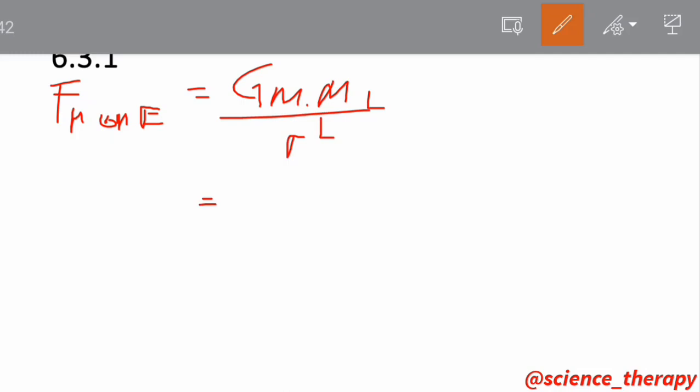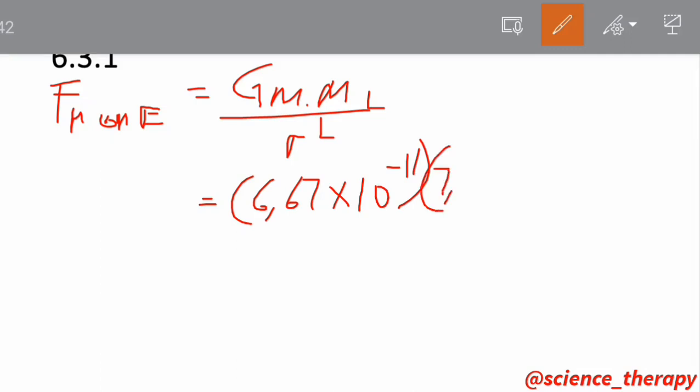So what is my G? Remember, the constant is 6.67 times 10 to the power of negative 11. And then I have the mass of the moon, 7.35 times 10 to the power of 22.